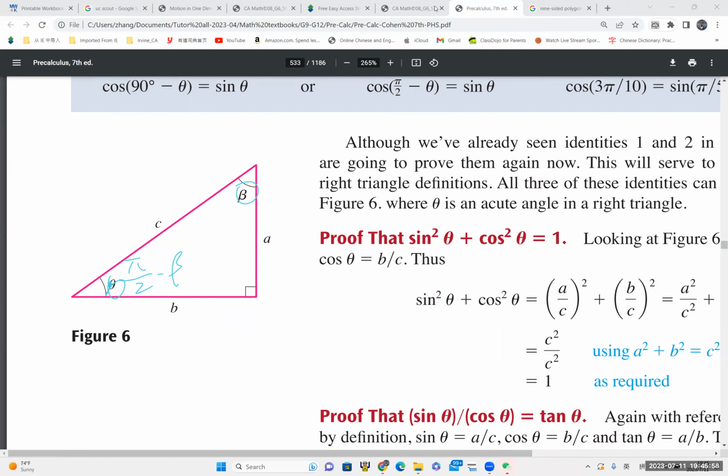Then sine of half pi minus beta equals A over C. This is just the definition of cosine beta. So for two complementary angles, one's sine is the other's cosine.